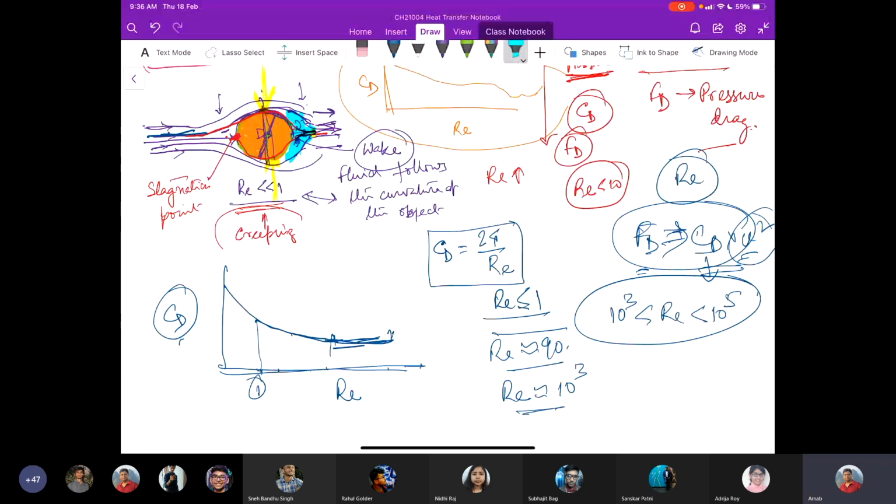And then there is a sudden drop at high Reynolds number, and this drop is in the region of Reynolds number 10 to the power 5 to 10 to the power 6.